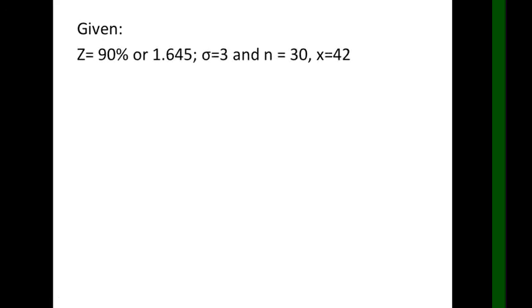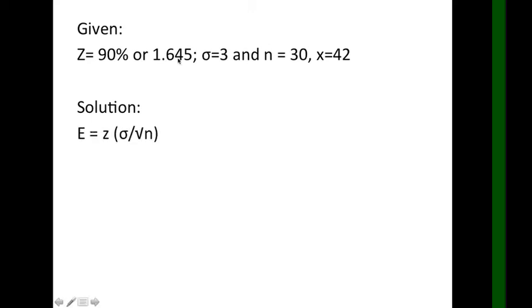Okay, to answer this, let's have the given. So we have 90%, which is positive negative 1.645. The population standard deviation equals 3, and n equals 30. And the x is 42. That's the given. Now, for the solution, let's have the margin of error first kasi we need the letter e.